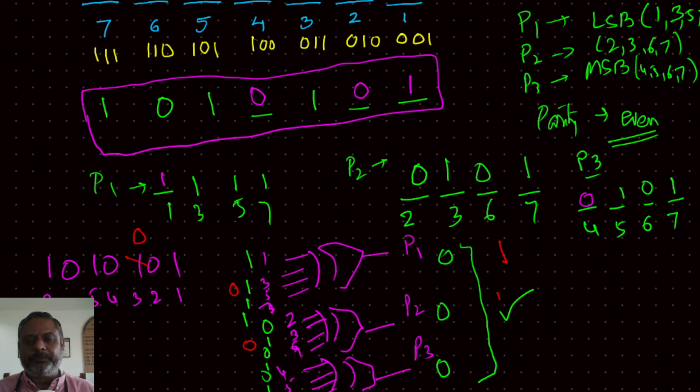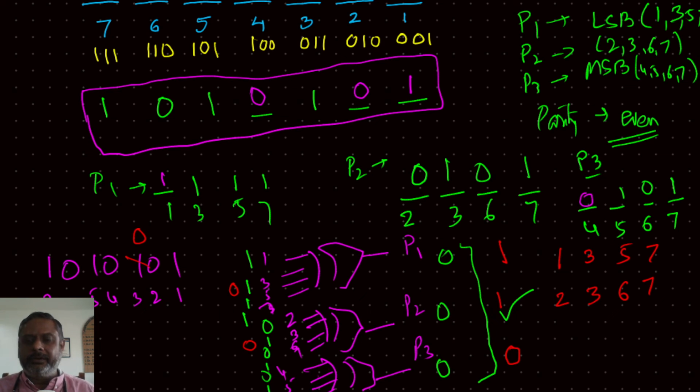Whereas here we have 2 ones which is even. Therefore, it remains 0. Now it says that P1 is raising an alarm, P2 is also raising an alarm. P1 was responsible for 1, 3, 5, 7, and P2 is working with 2, 3, 6, 7.